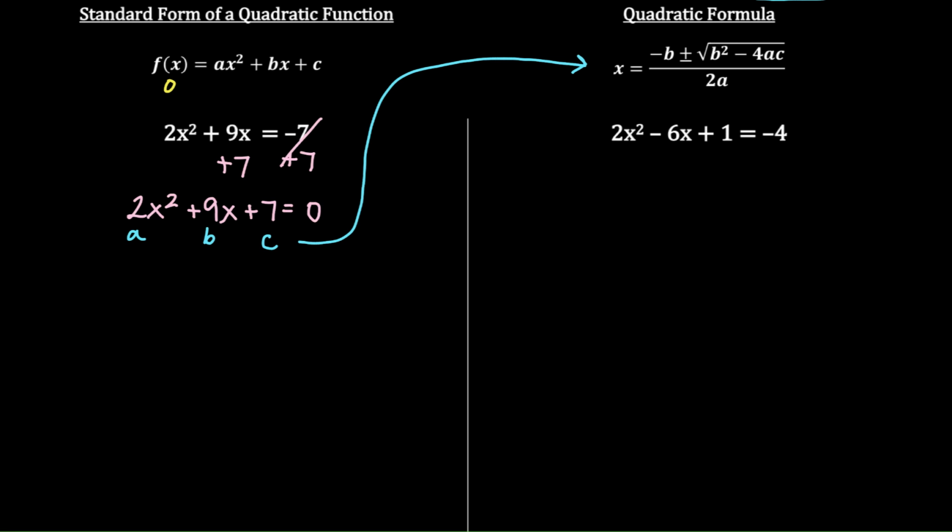So let's do this first. I'm going to write x equals negative b plus or minus the square root of b squared minus 4ac, and we're going to put that all over 2a.